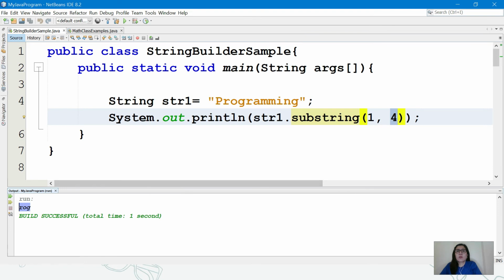Why rog? So, tignan nyo, ang index natin is 1. So, this is 0, 1. So, mag-start tayo kay R. And then, mag-end tayo at 4. So, 0, 1, 2, 3, 4. So, kung tutuusin, dapat ang magiging result is rog R. Bakit hindi kaya na i-display yung R? Okay.